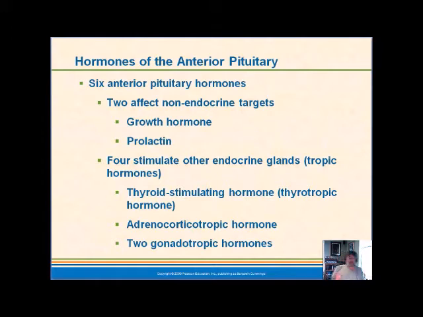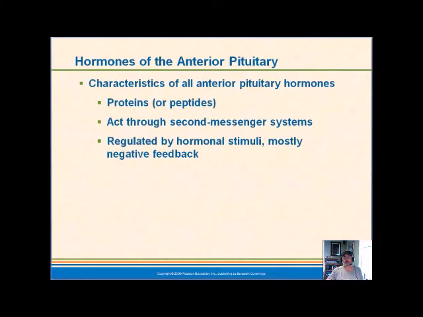Anything that is a hormone that stimulates another gland is a tropic hormone. And for that, we have thyroid stimulating hormone, or thyrotropic hormone, adrenocorticotropic hormone, and 2 gonadotropic hormones. Gonadotropic just means that they work on the gonads, like the testes or the ovaries.